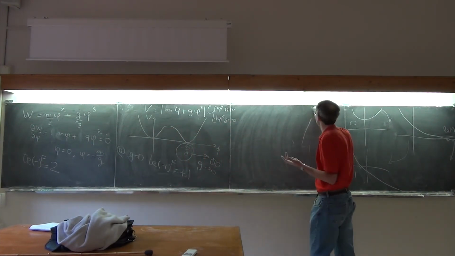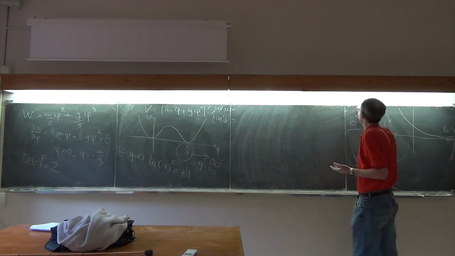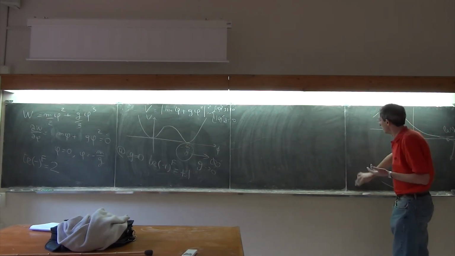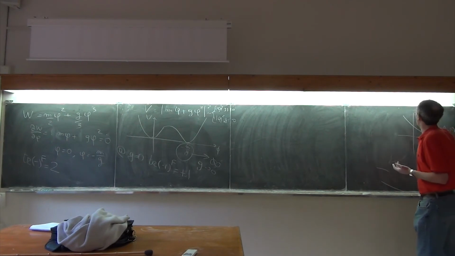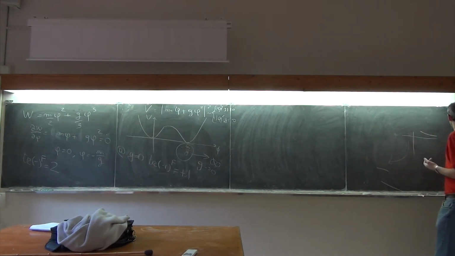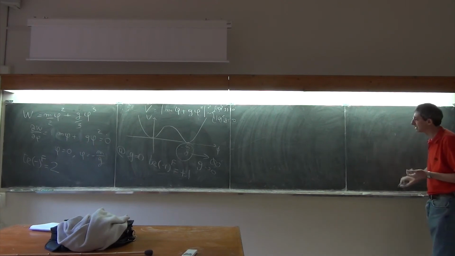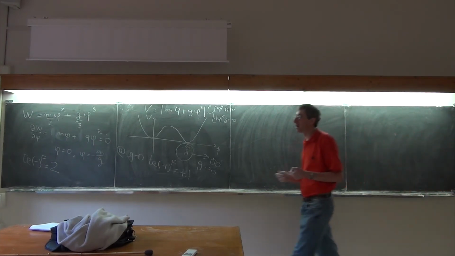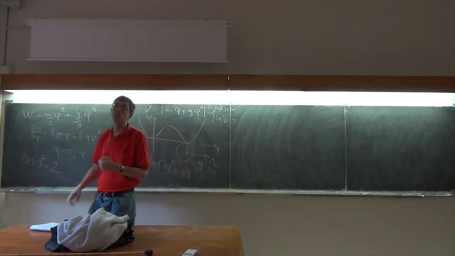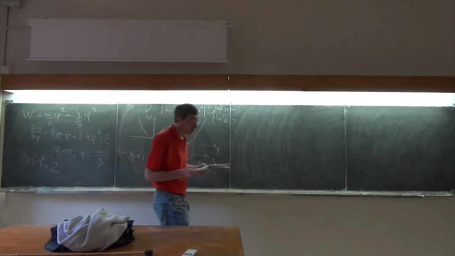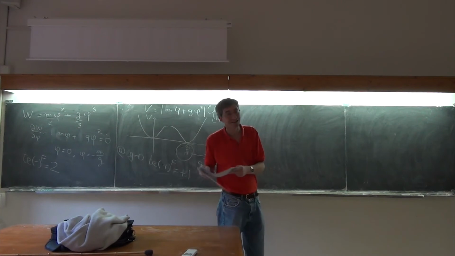Okay, this is a silly example in a sense, because it's an example of discontinuity, but it's not an example of a computation of the Witten index, because we used knowledge of the theory to derive what the Witten index is. It's much better if you have a theory where you don't know whether supersymmetry is broken or not, and you would like to find out by computing the Witten index.